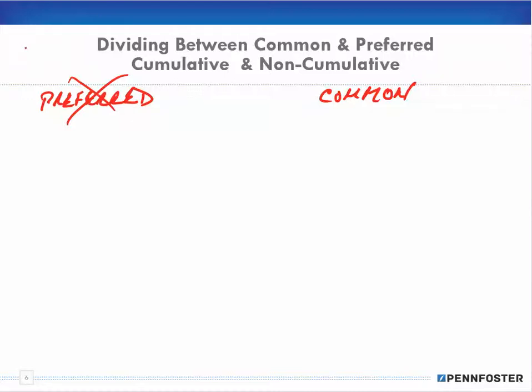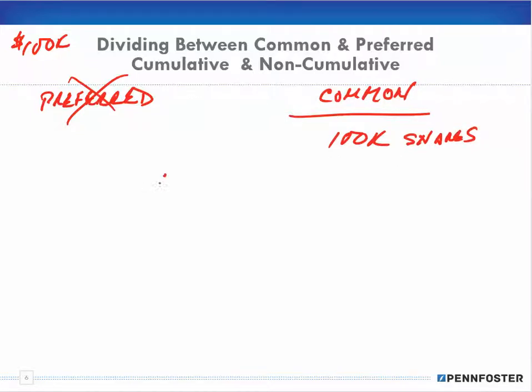Okay, if the company decided to pay a $100,000 dividend, well then that $100,000 would go to all the shareholders of common stock. And let's say there's 100,000 shares of common stock out there.